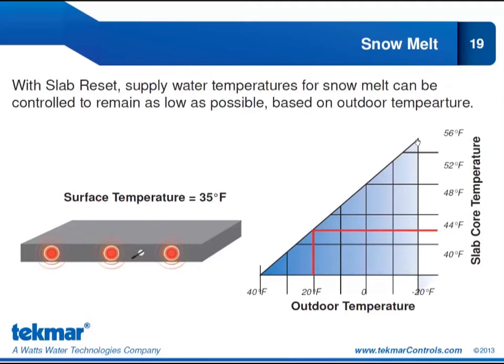So this is a way where we vary the slab core temperature based on the outdoor temperature, always with the goal of reducing the supply water temperature as much as possible, which is particularly important in a geothermal application when supply temperatures are tied to heat pump efficiency.